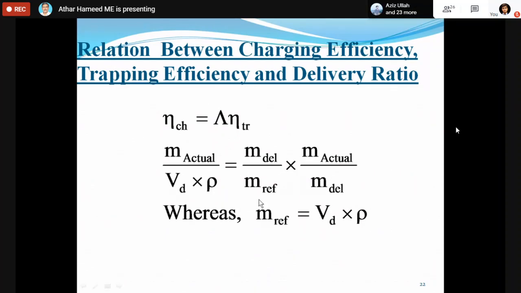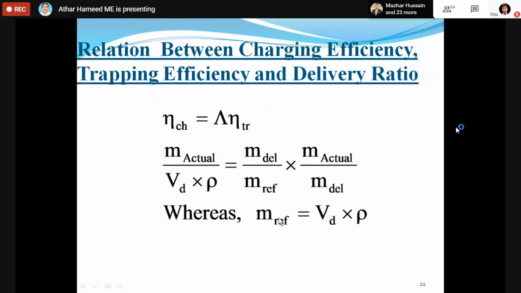Here the M reference in the delivery ratio is the displacement volume or swept volume of the cylinder multiplied by the density of the charge coming inside. If it is air, then the density of air. If it is an air-fuel mixture, then the density of the air-fuel mixture.